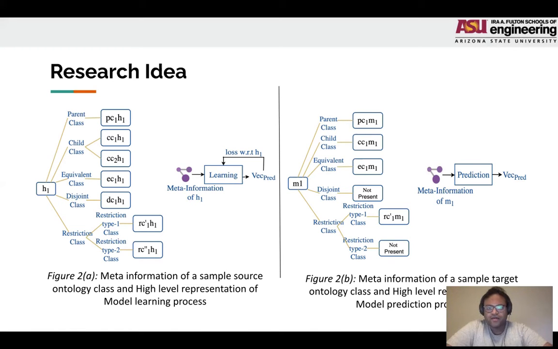If a particular target entity has the same meta information, the model will predict a vector similar to H1. Then we can say that H1 and M1 are similar entities. That is our main research idea.